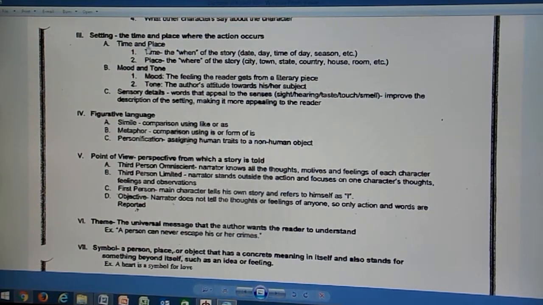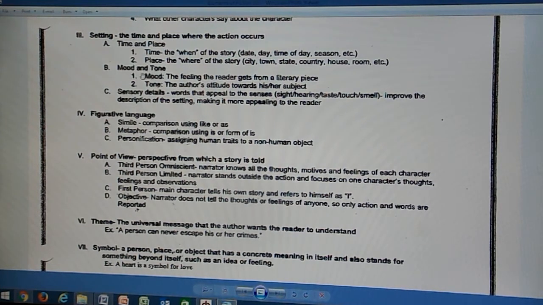The time and place. The time is the when of the story. Is it day or night or what season or what month? Or, it can be as specific as you want, down to the second. Or it can be as broad as long ago in a land far, far away. So the time is the when of the story, and the place is the where of the story.